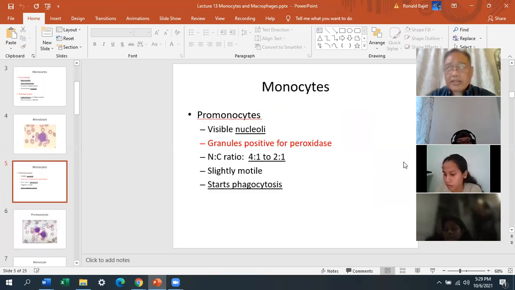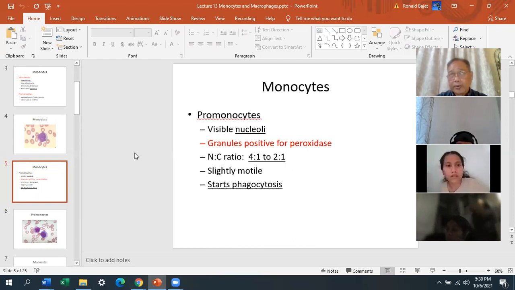Monocytes. The monocyte is the mature stage. You have monoblast, promonocyte, and then right away, monocyte is the mature stage. Visible nucleoli here means this is still a promonocyte, still in the second stage. Granules are positive for peroxidase. In histology, they will try to figure out what cell line you're looking at.